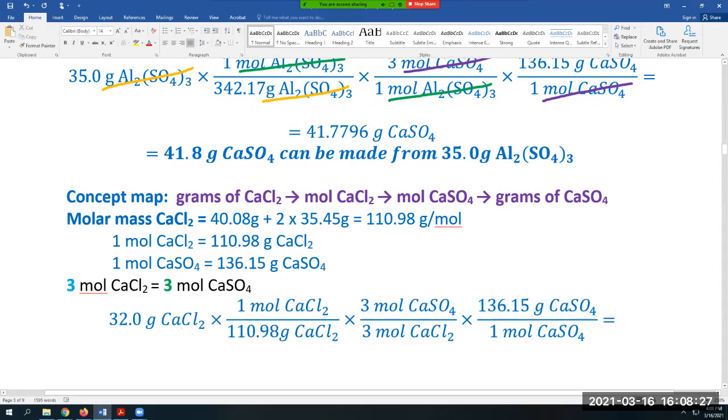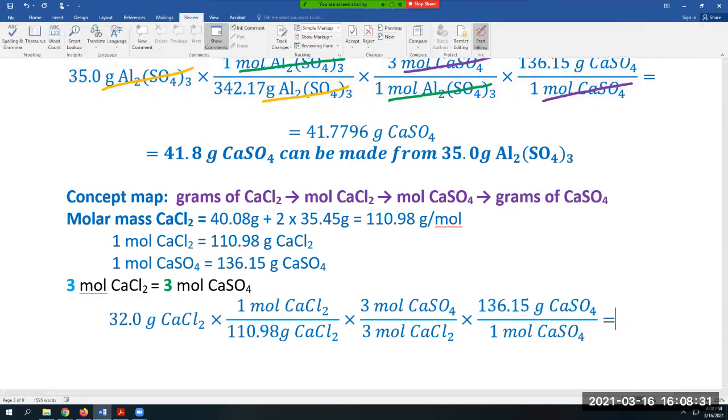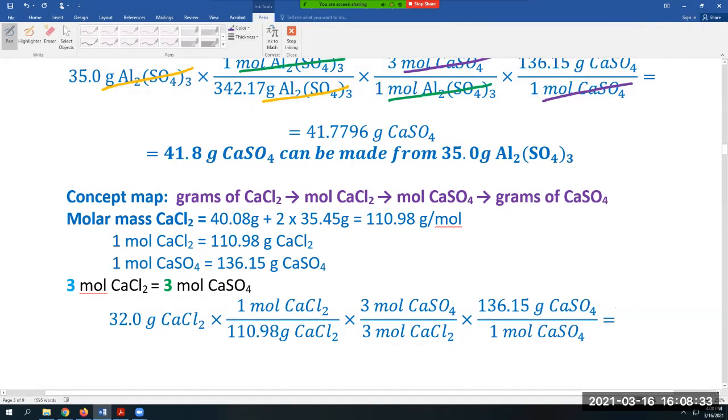There you go, you have the full calculation ready. And let's show how we cancel units. Here we cancel moles of calcium sulfate. Then we cancel the moles of calcium chloride. And earlier we canceled grams of calcium chloride.